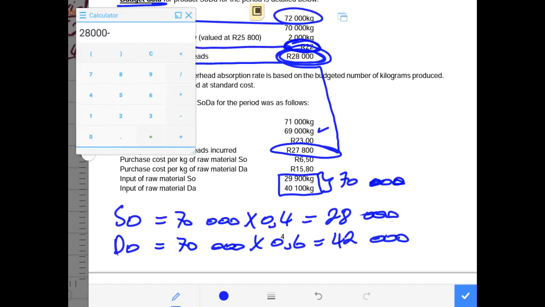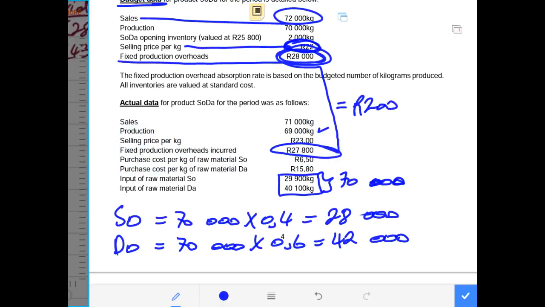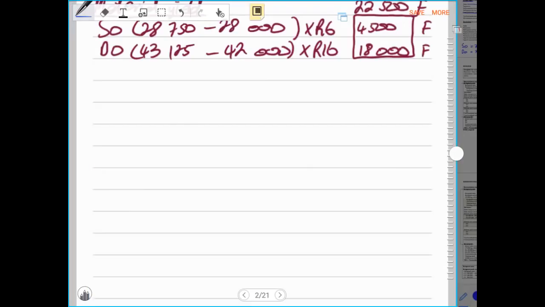28,000 budgeted minus 27,800 actual, then the difference of 200 will be a favorable variance. So let us have our fixed overheads variance.